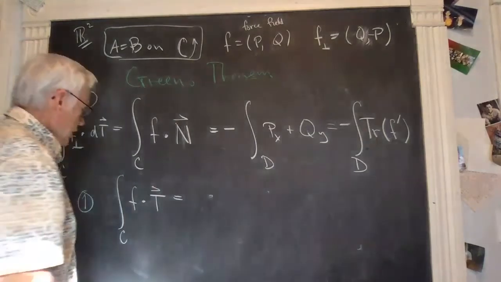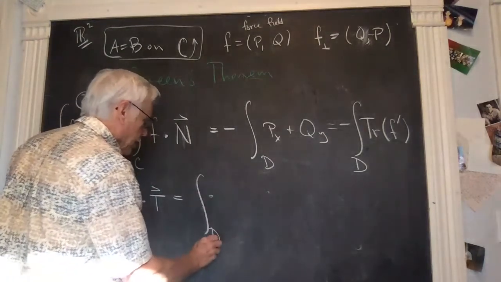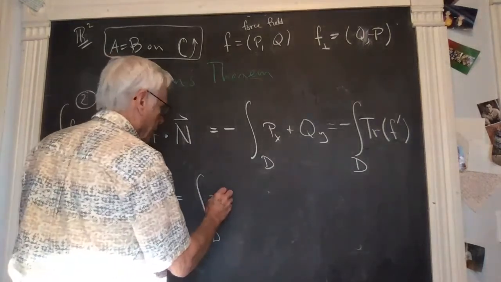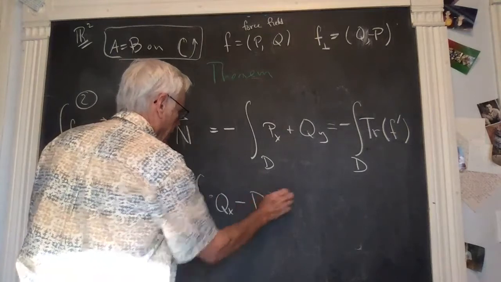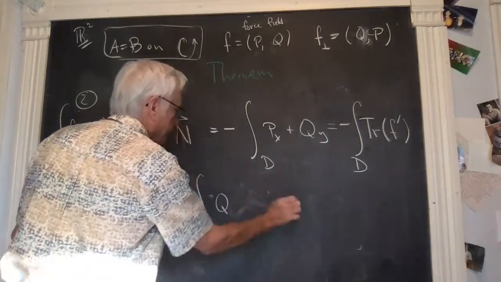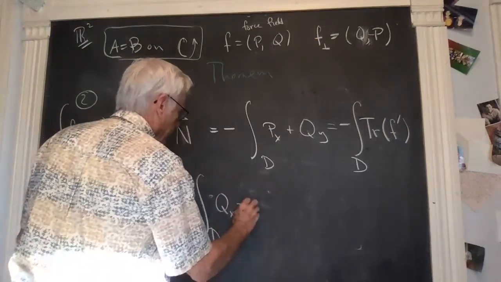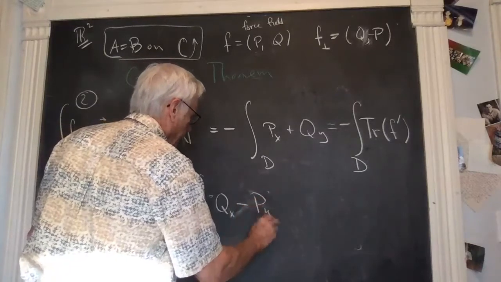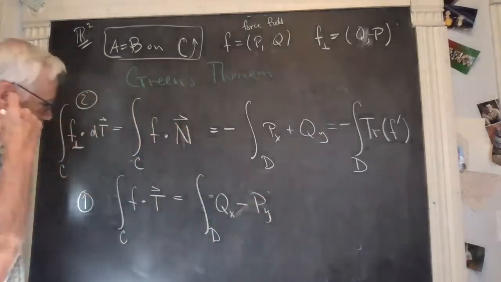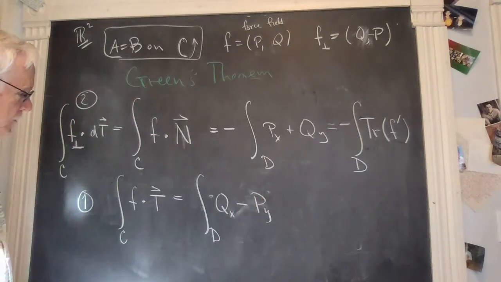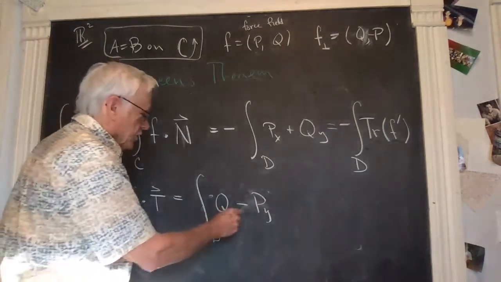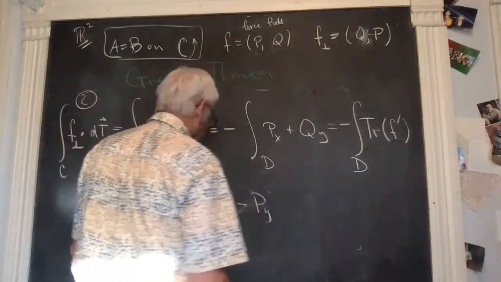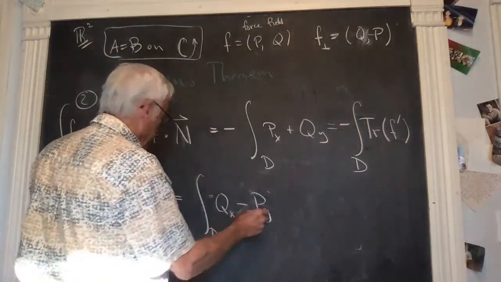This ends up to be the integral over D of q sub x minus p sub y. And this is Green's theorem at work here. And let's see what this guy is. q sub x, p sub y.